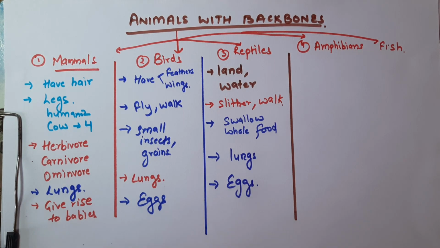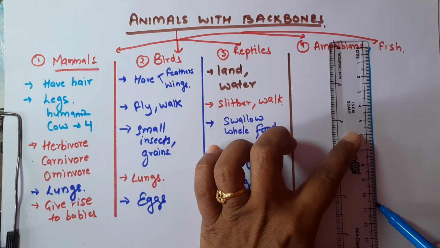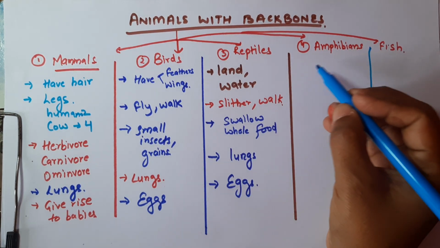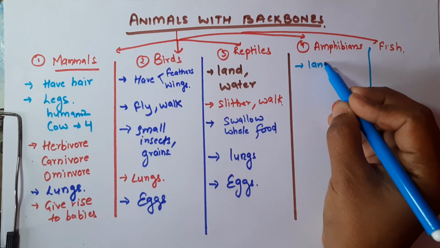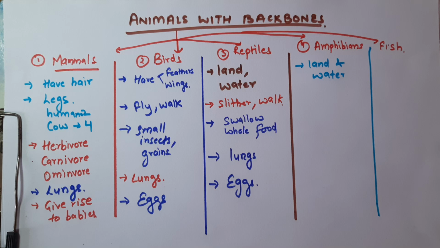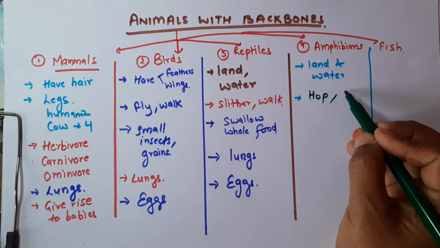Now quickly let's talk about the amphibians. Amphibians can survive both on land and in water. The example is the frog. Have you ever seen a frog? How does it move? It can hop, and it can swim, right?